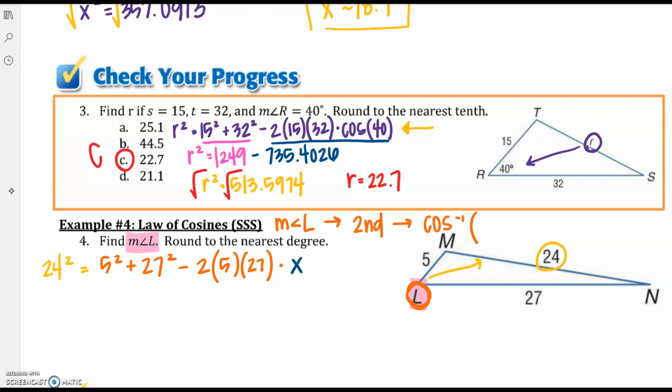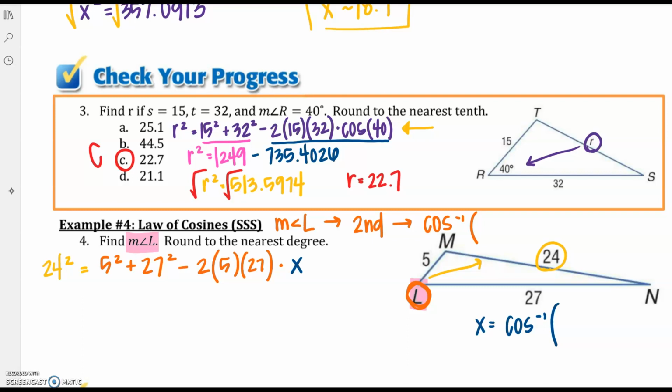Sometimes if you put the cosine of L, it gets a little confusing for some people. So if you just put a normal variable there, that may help. But remember at the very end, x has to be the inverse cosine of something.